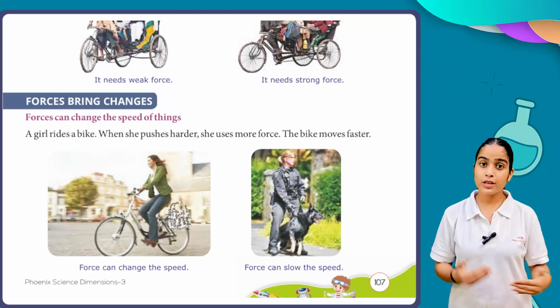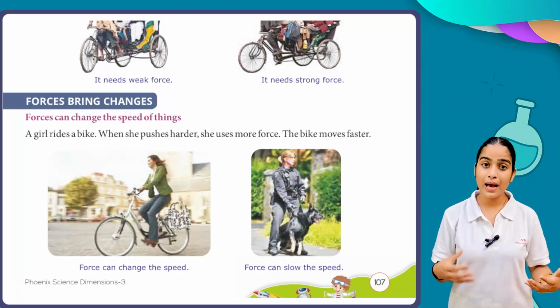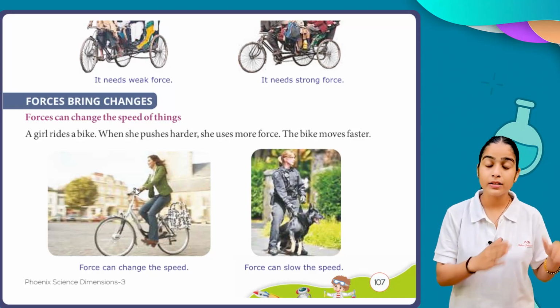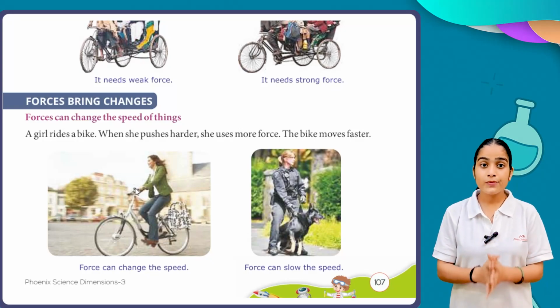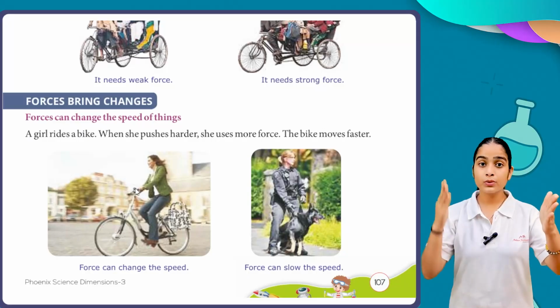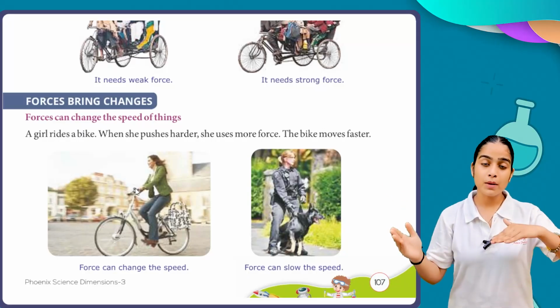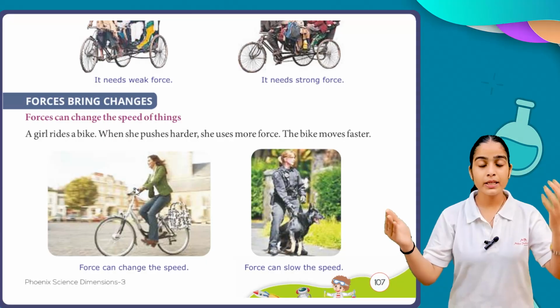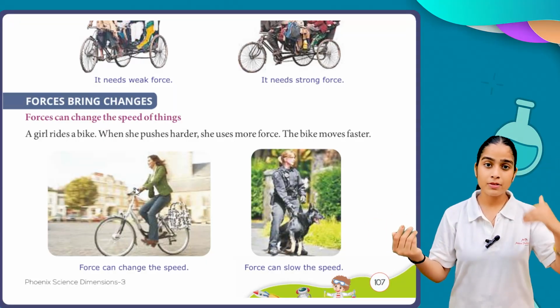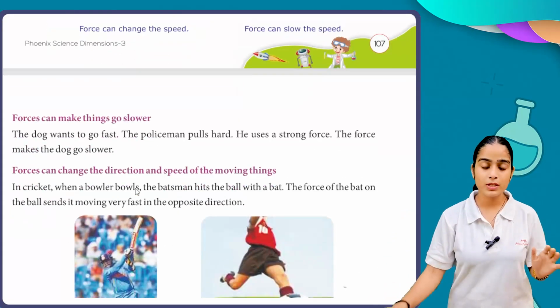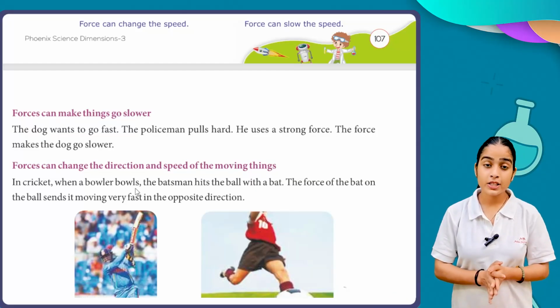So if we apply more force, what will happen? The speed of her bicycle will increase. It means we understand that force will result in changes of speed. If we apply more force, we have higher speed, and if we apply less force, we have slower speed.